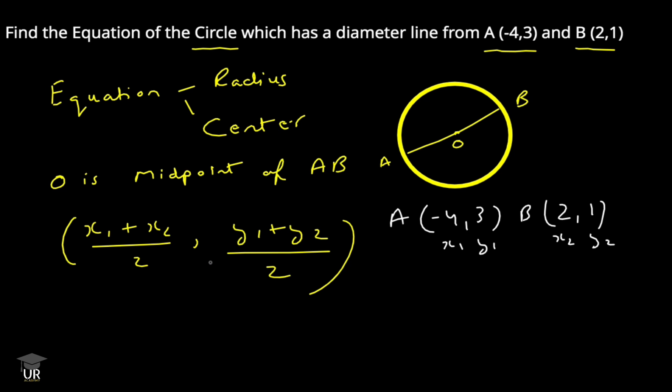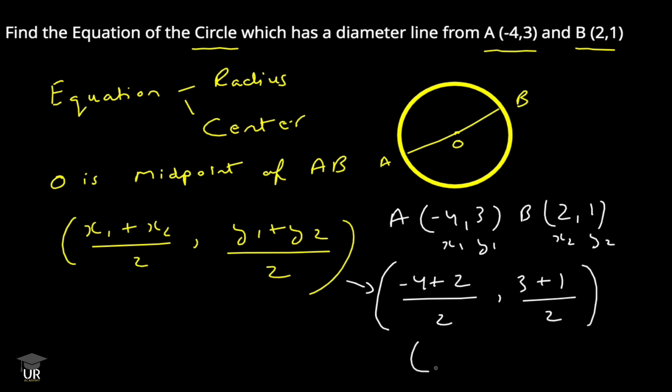So now let's use this formula. So minus 4 plus 2 divided by 2 and 3 plus 1 divided by 2, which will become minus 1 comma 2.